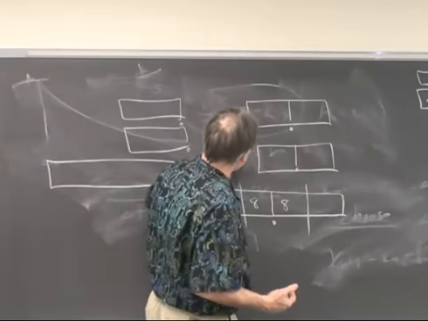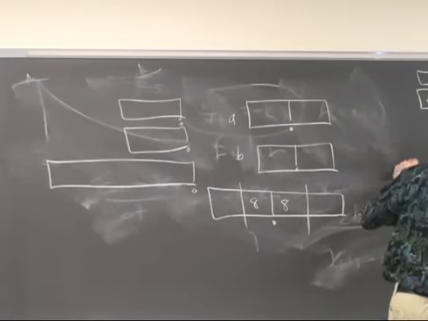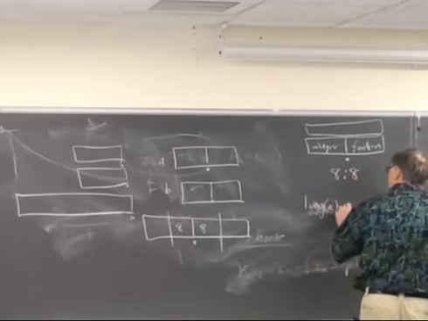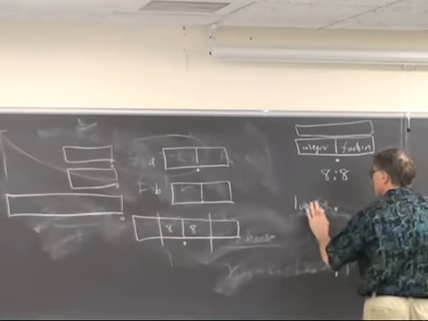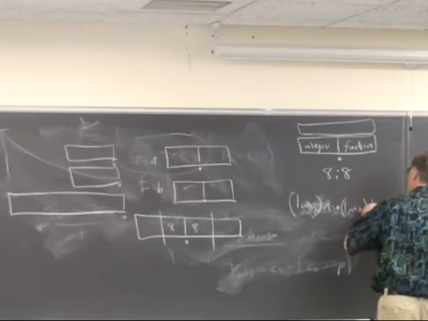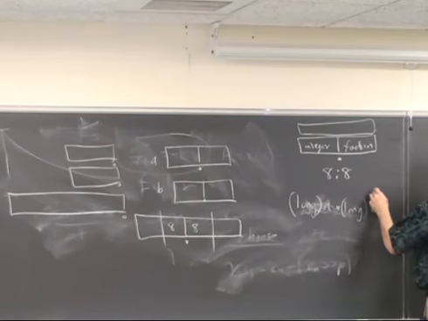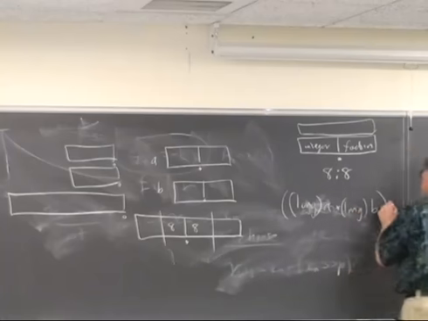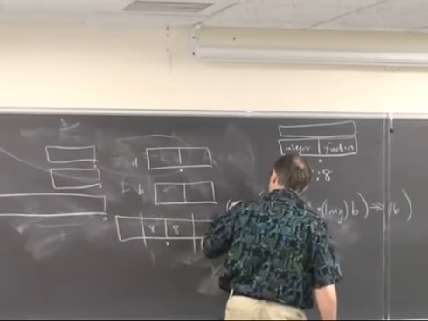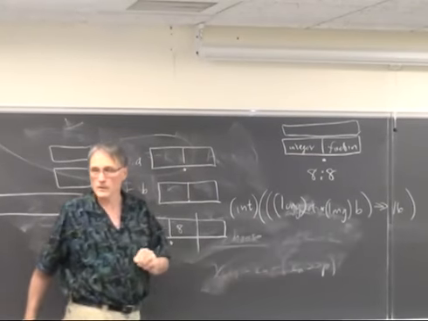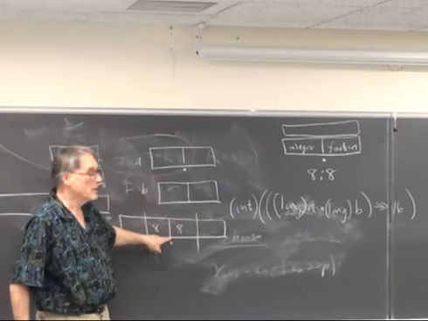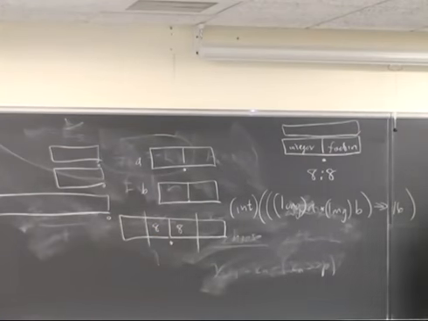Alright, so if this is A and B, you should cast A to a long, cast B to a long, then shift to the right 16, and then cast back to int. 16, not 8. You're quite right. Thank you.